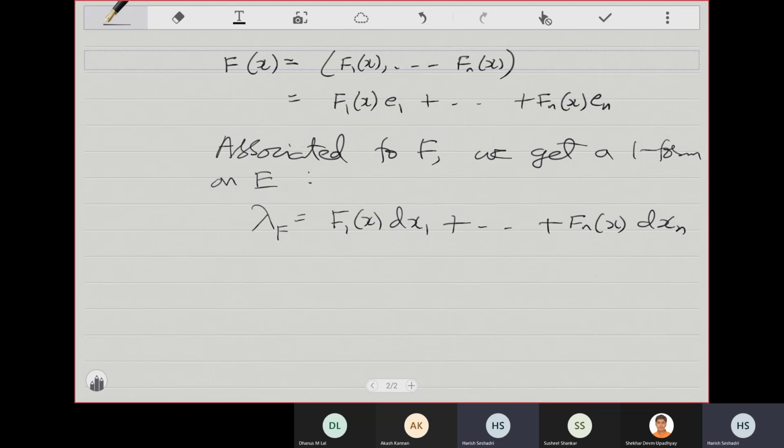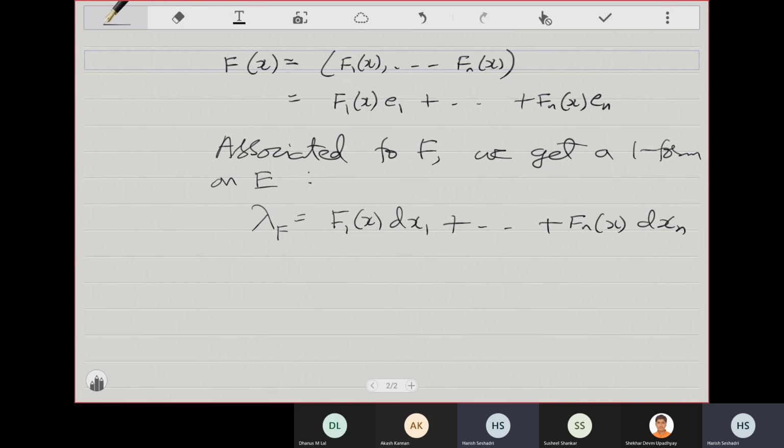If you have seen my notes about the linear algebraic interpretation of differential forms, this will turn out to be just the following.